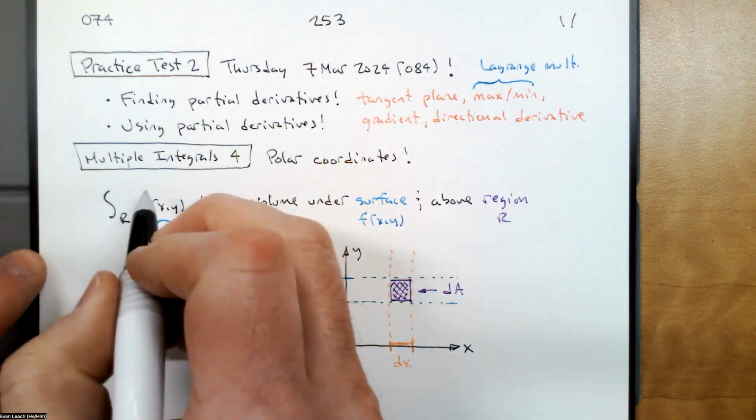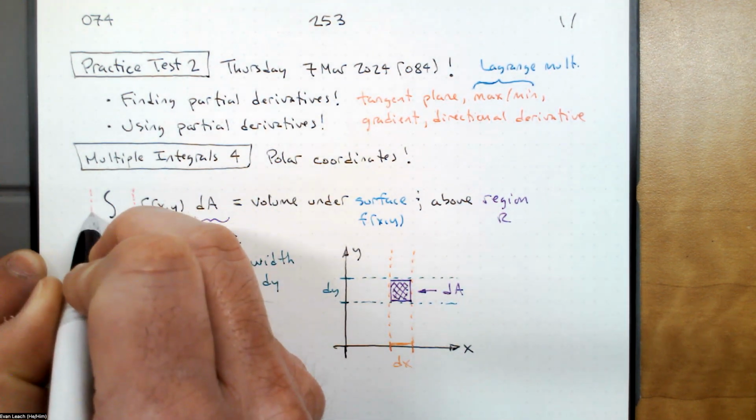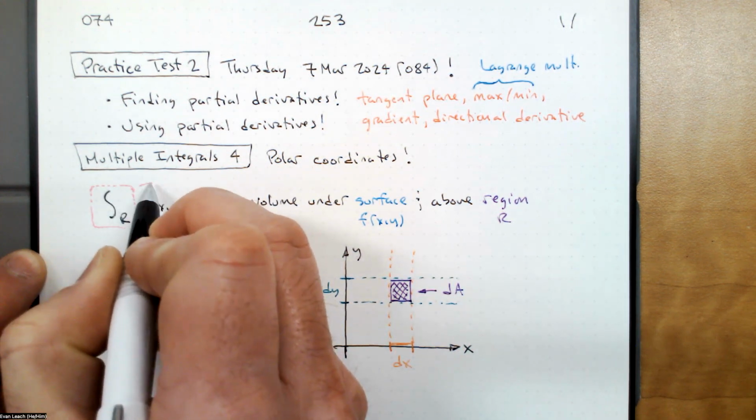The integral over R, this part is just telling us what values of x, y we're plugging into the f of x, y dA.